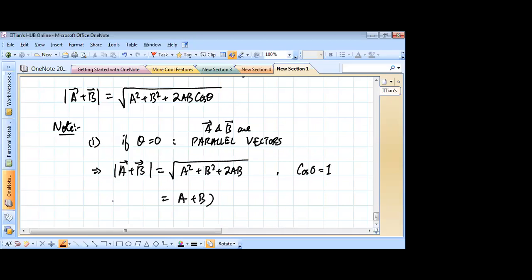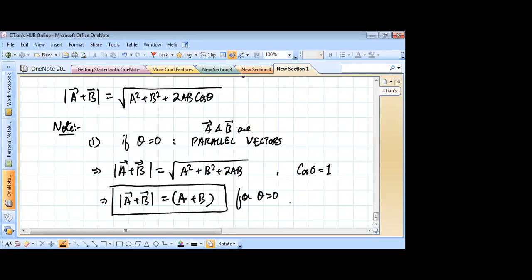As you can see, it becomes A plus B. Magnitude of the vector sum becomes the sum of the magnitudes for theta equal to 0.